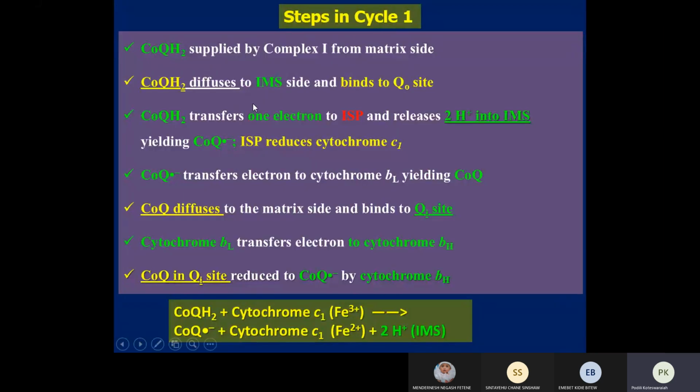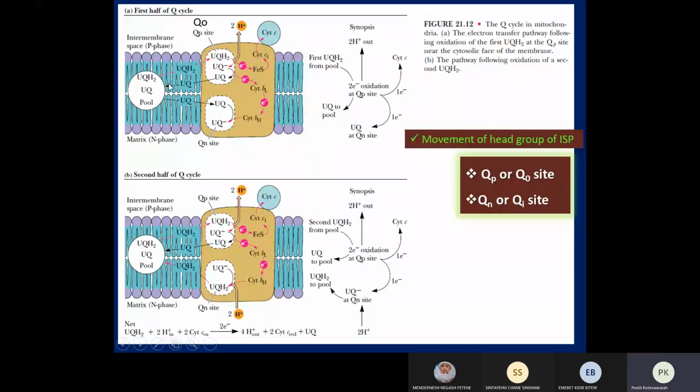At the beginning of the Q cycle, the ubiquinol, that means ubiquinol reduced by complex 1 and complex 2, binds to the ubiquinone binding site. This complex 3 has two ubiquinone binding sites. One is at the outside, that is the intermembrane side. Another one is at the matrix side.